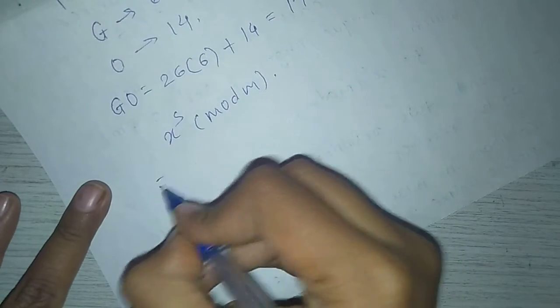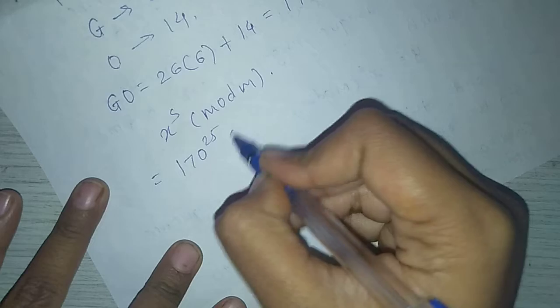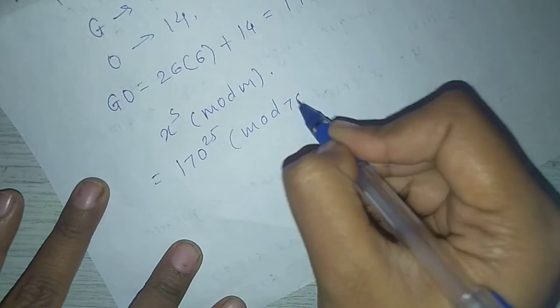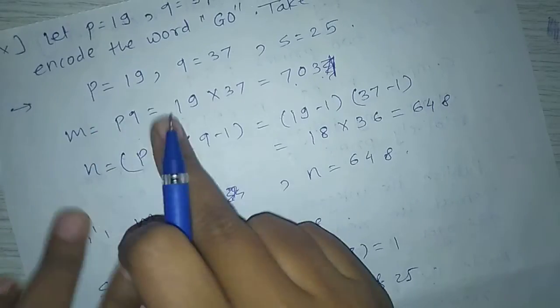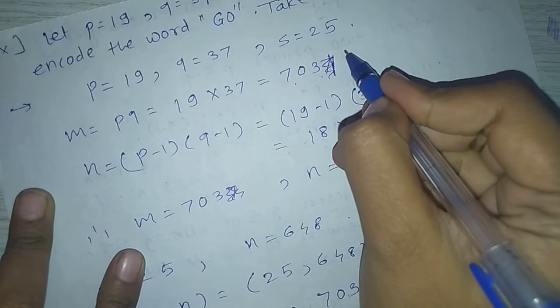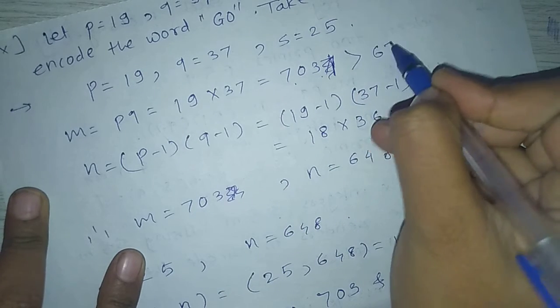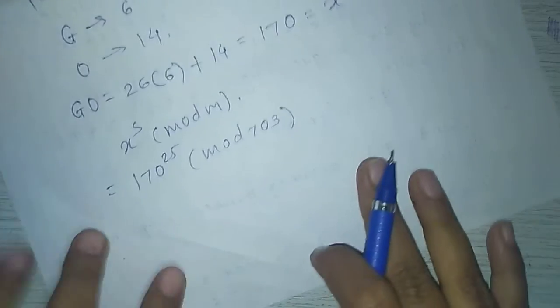That means x is 170, s is 25, modulo m is 703. Here m must be at least 675. 703 is greater than 675, which means the condition is satisfied.